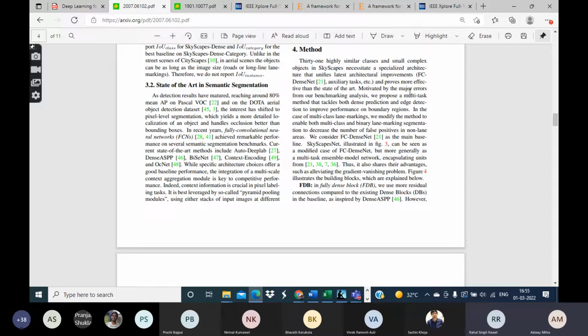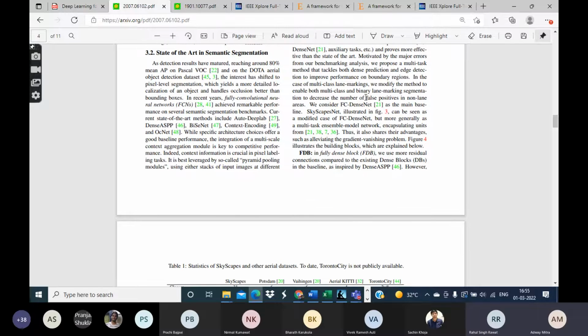Motivated by the major errors from our benchmarking analysis, we propose a multitask method that tackles both dense prediction and edge detection to improve the performance on boundary regions.